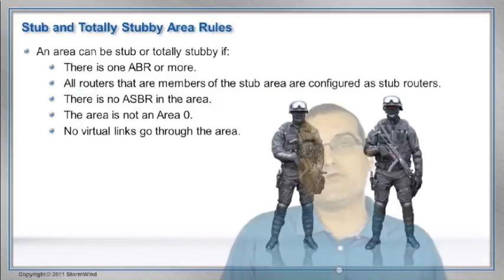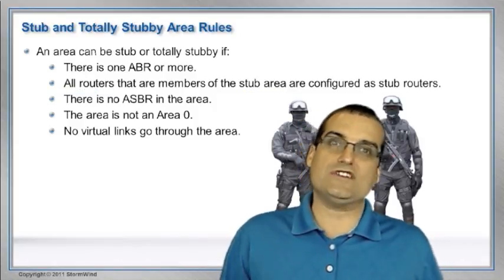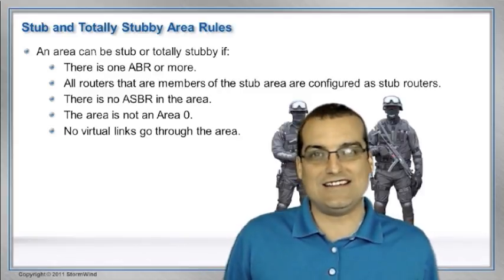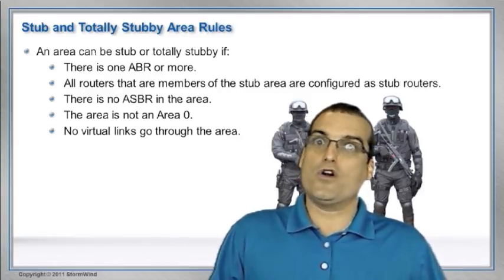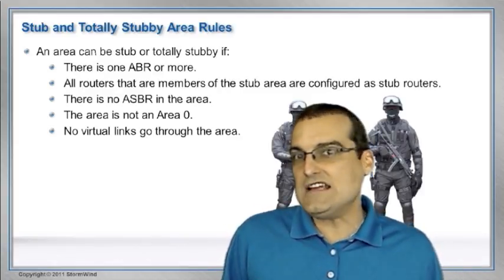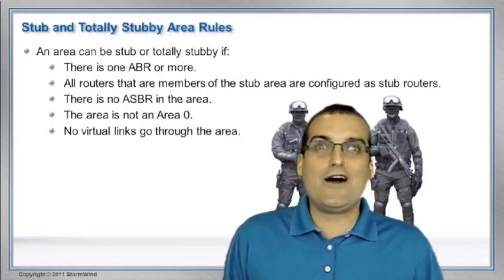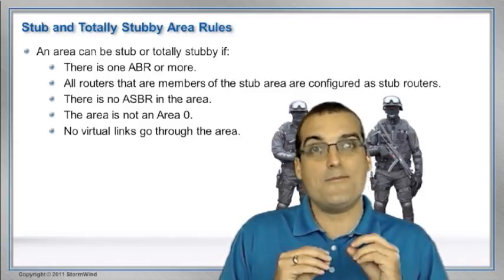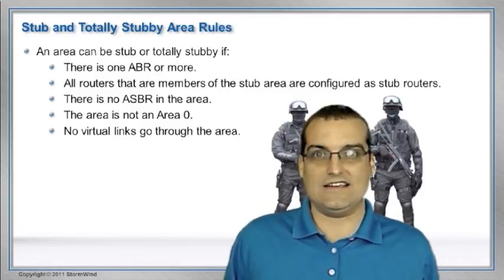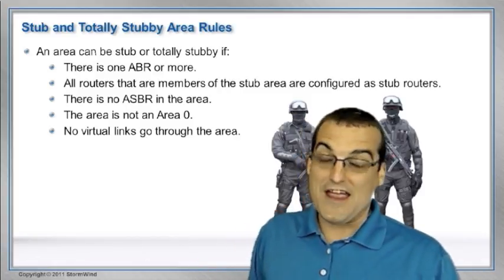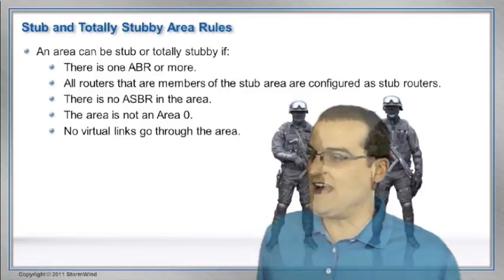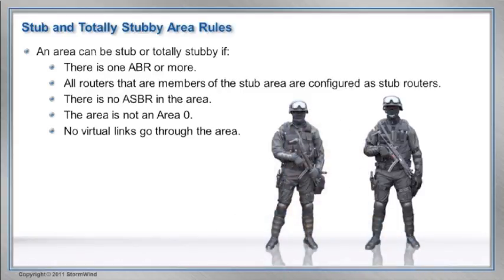You probably remember this from back when we were discussing OSPF adjacencies. In order for devices to become adjacent, we pointed out how those devices would need to have matching stub flag designations. Well, sure enough, in order to form this special area type, they all must be configured with the matching stub designation.